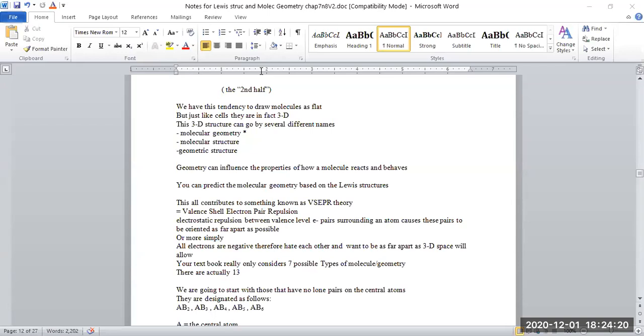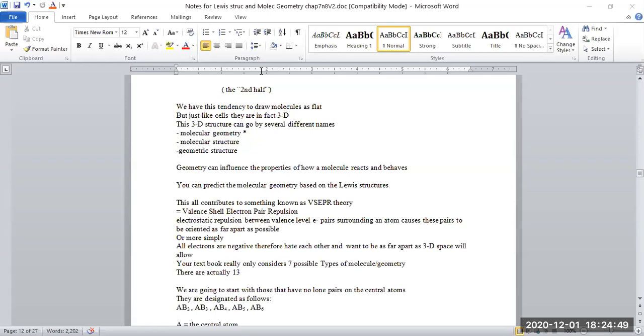All right, so there's two descriptions here. There's the textbook description, and then there's the more approachable description. The textbook description starts with electrostatic repulsion, because you have repelling between electrons on the valence pair level, and as these are surrounding an atom, it causes them to be oriented as far apart as possible.